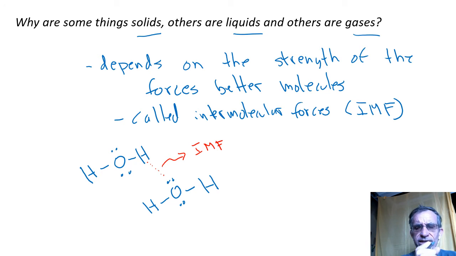So when you have strong intermolecular forces, that means the molecules really stick to each other well. Now, before we talk about these intermolecular forces and what they are, I'm going to spend a couple of minutes just telling you why we care about them. What sorts of things do they control as far as the behavior of molecules?